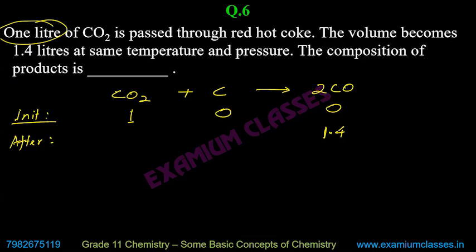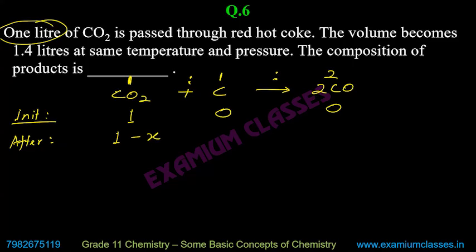If the volume becomes 1.4 liter, then it means some amount X got reacted. Now you need to understand what is the ratio of reaction. 1 mole of carbon dioxide reacts with 1 mole of carbon, and when they are consumed completely, they produce 2 moles of carbon monoxide. Okay, 2 moles of carbon monoxide.